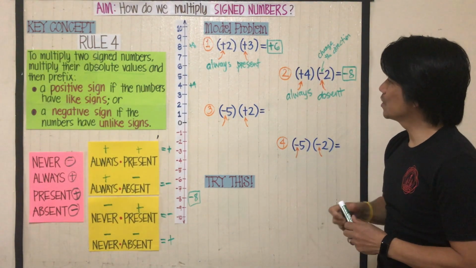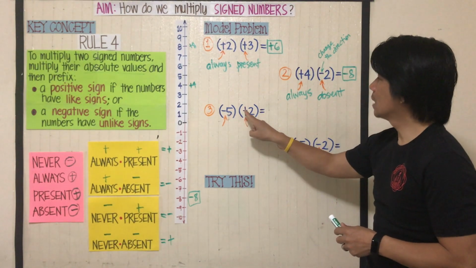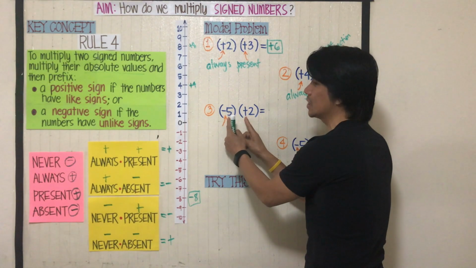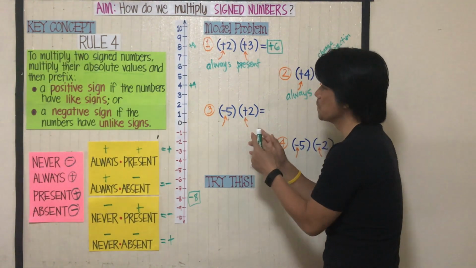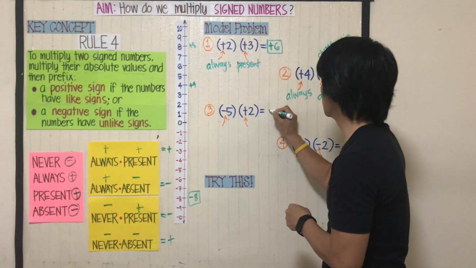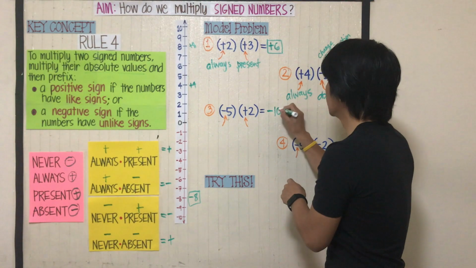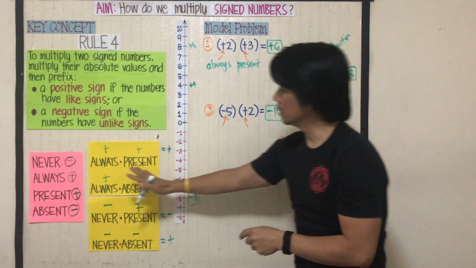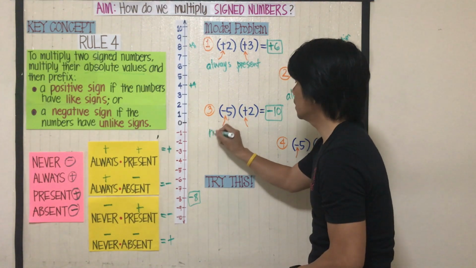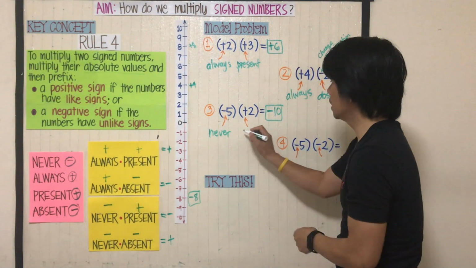Now, let's go to number 3. It says negative 5 times positive 2. Again, they have unlike signs, so the answer is a negative number. Negative what? 5 times 2 is 10. Now, applying this principle, negative is never, positive, and the second number is present.